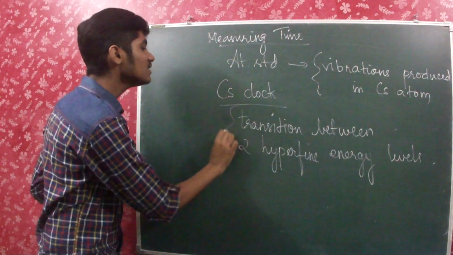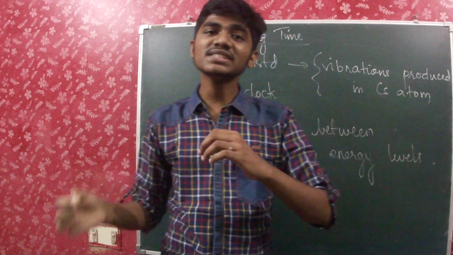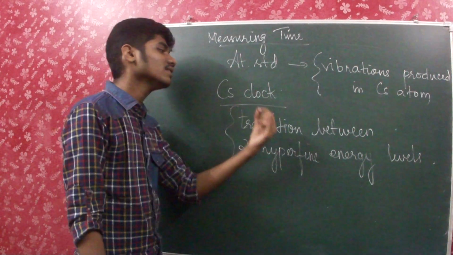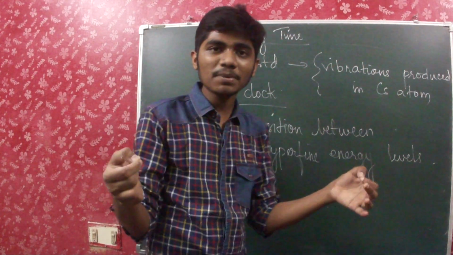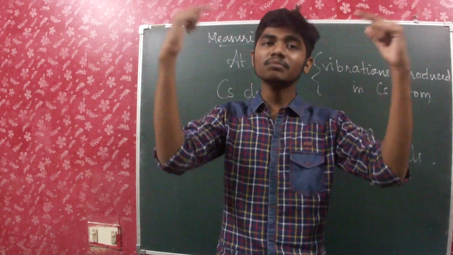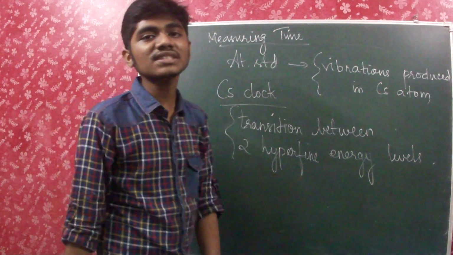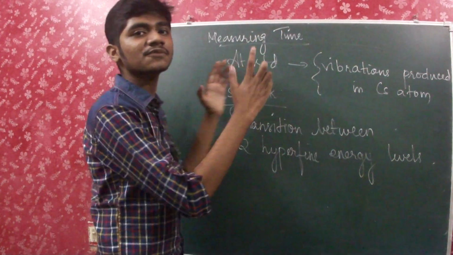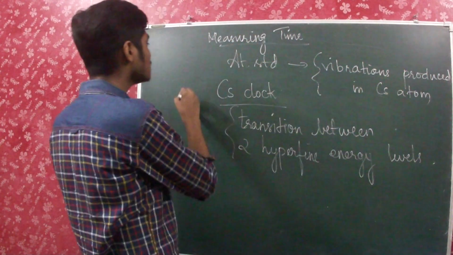As there is a transition from one energy level to the other, the vibration is produced in the cesium atom, and that forms the basis for the cesium clock. As we have the normal wristwatch, and we have the balance wheel.